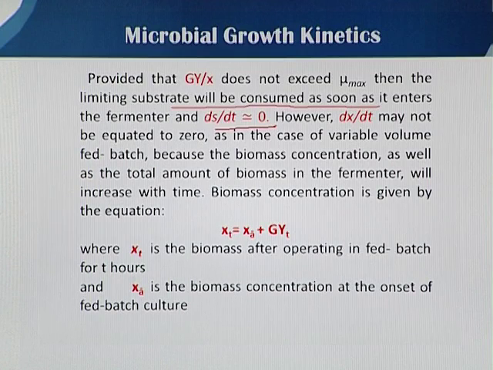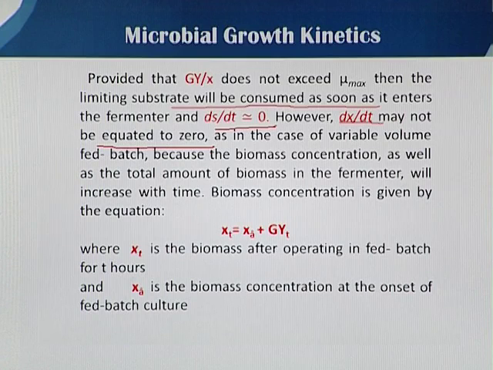If the substrate is available, then there is room for an increase in mu. If the change in substrate concentration with respect to time becomes 0, then dx over dt need not be equal to 0 in this case, because the volume remains fixed.